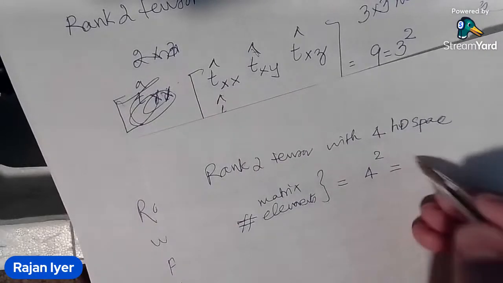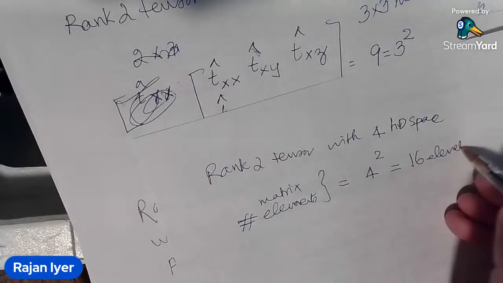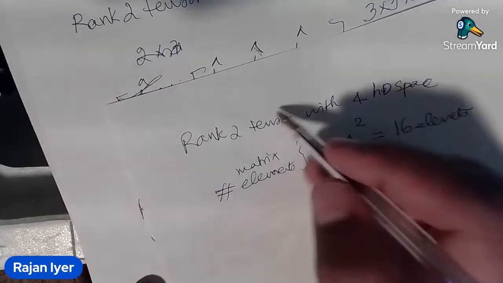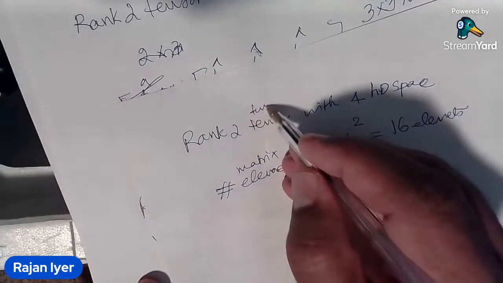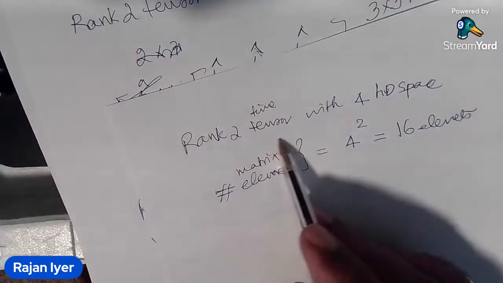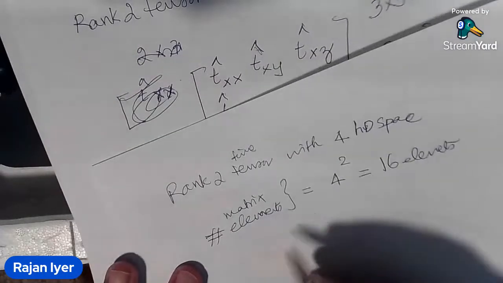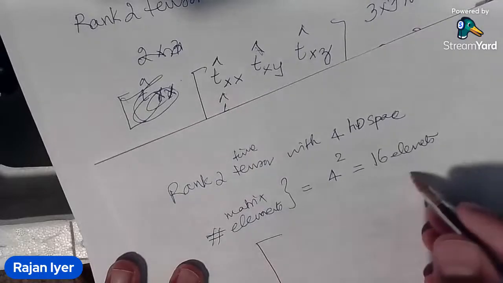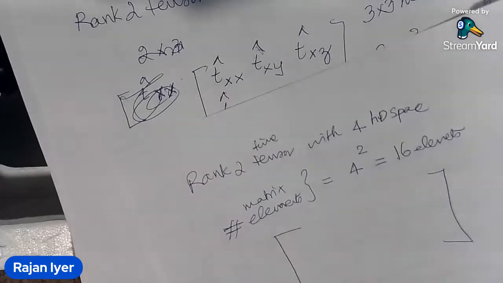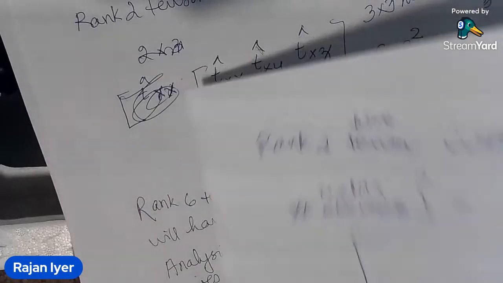And that will be 16 elements. So that is the rank 2 tensor. This tensor we are talking about is time. So it's a rank 2 time tensor in 4D space. You have 16 elements, which will be a 4 by 4 matrix. I think I am putting that somewhere.